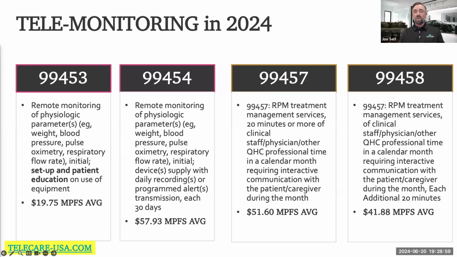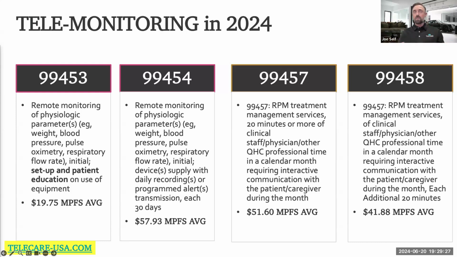The 99458 is for each additional 20 minutes, but that's a midpoint code. So as long as you reach 10 minutes or over, you can bill a 99458. Since that's a midpoint code, the first 20 minutes plus 10 minutes gets you a 457 and a 458. So you get two codes as long as you get to 30 minutes.